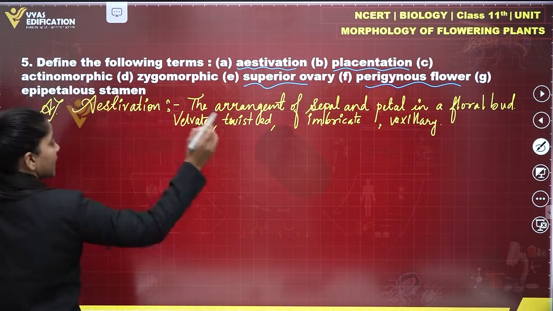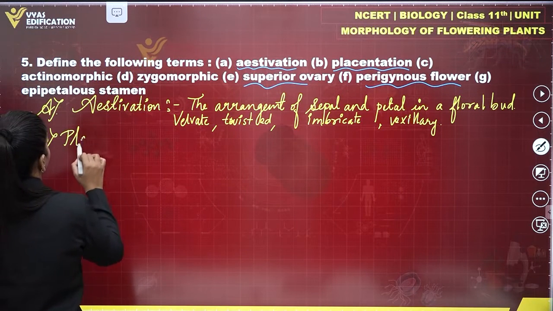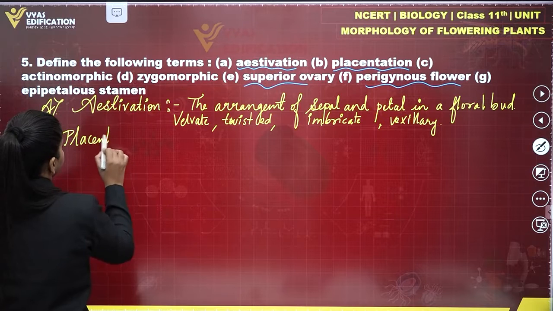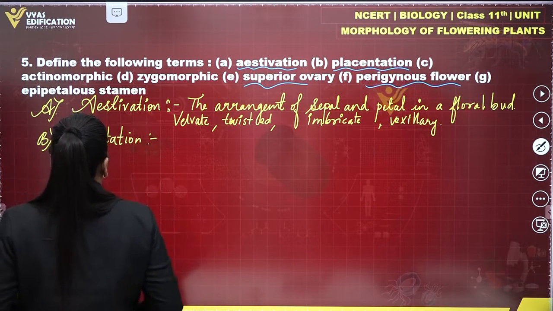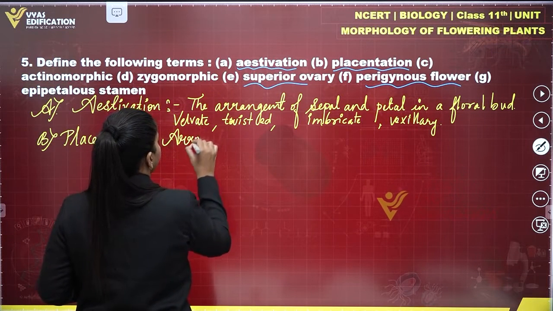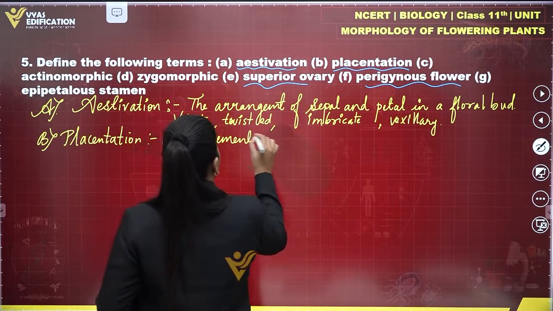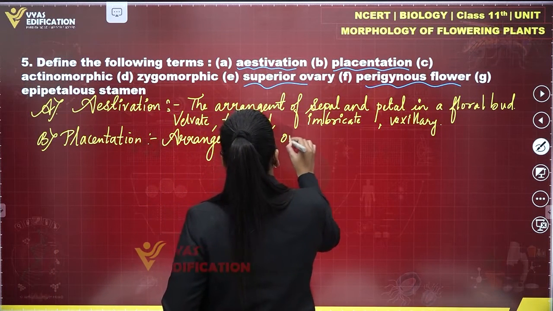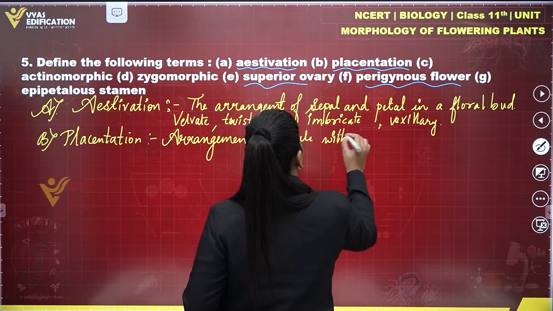Then the second term we have to define is placentation. Now what is placentation? We know that it is the arrangement of ovules within the locule.